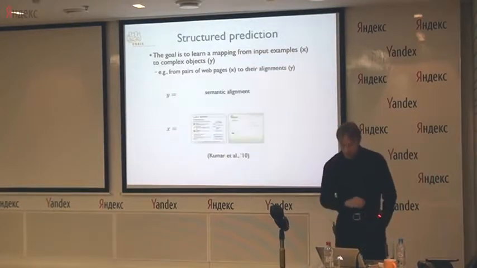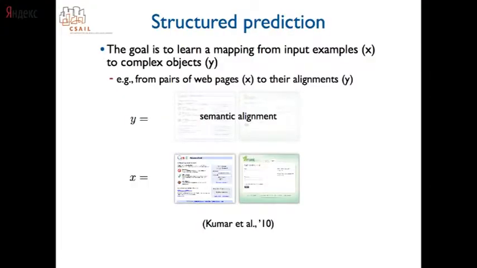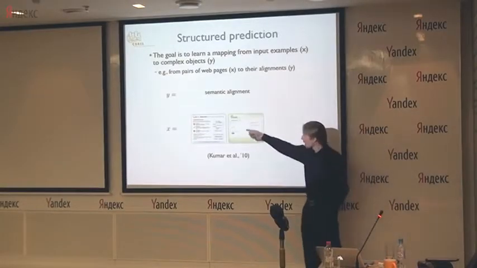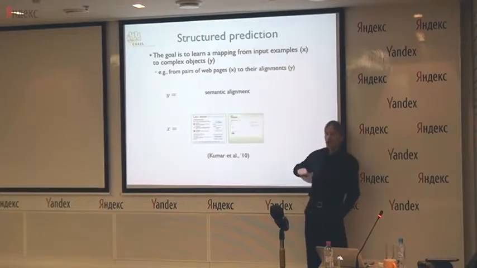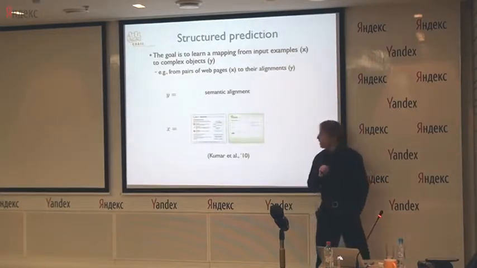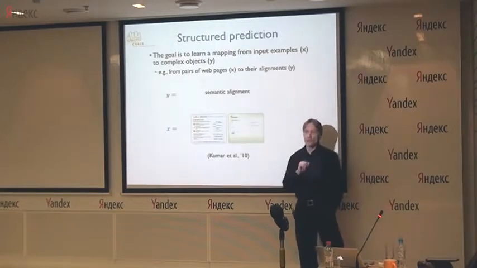Here's another example, essentially in the context of web page design. You might have two web pages here. They contain different semantically meaningful locations. So login information, some help information, maybe advertising and others. And you have several instances of those web pages.